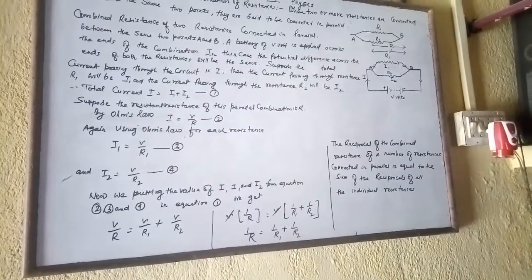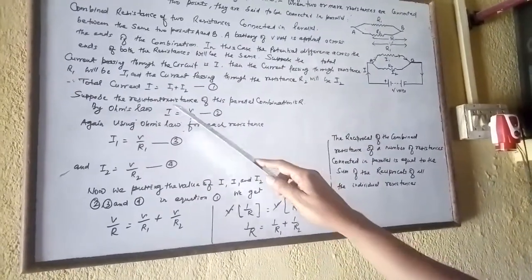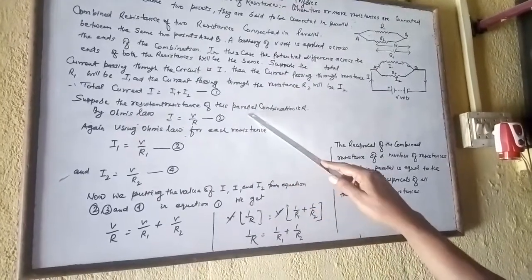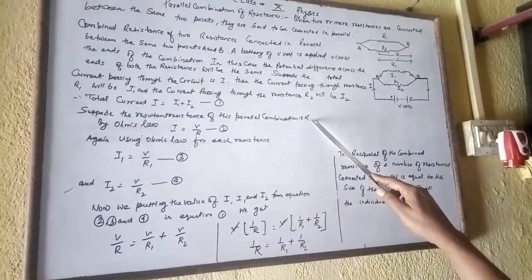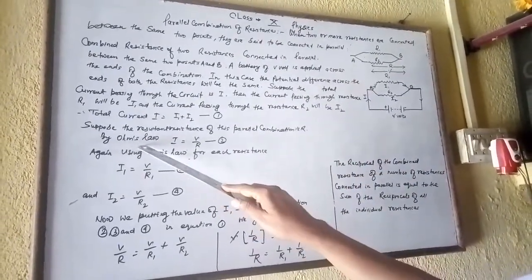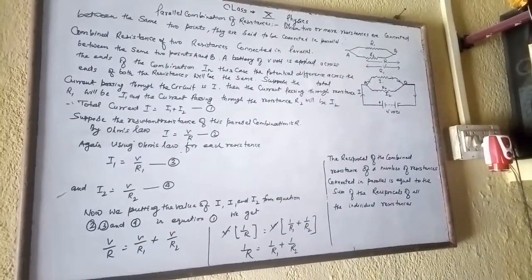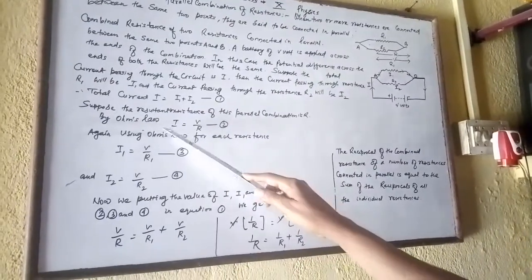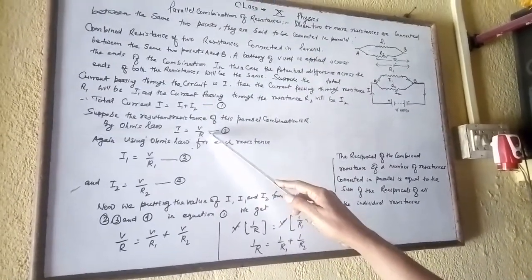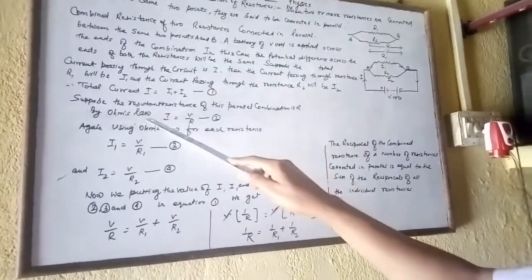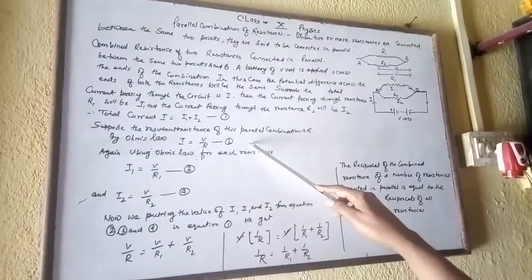Now suppose the resultant resistance of this parallel combination is R. By Ohm's law, as we have discussed in the previous videos, I equals V by R, and let us suppose this is our second equation.